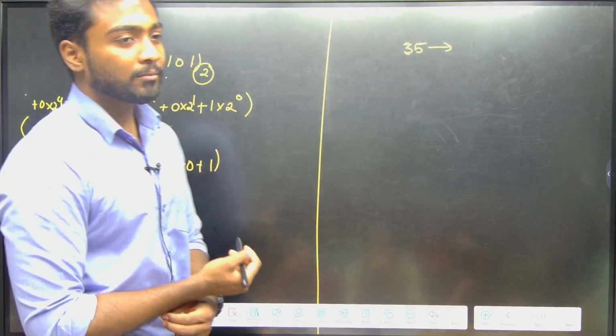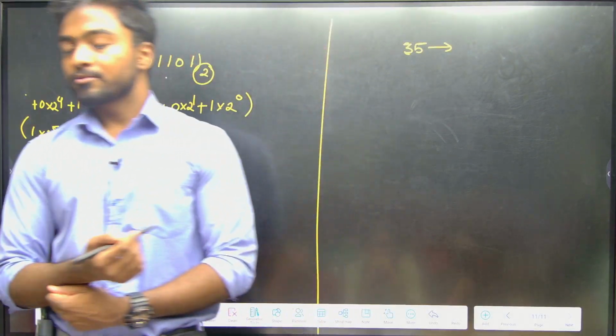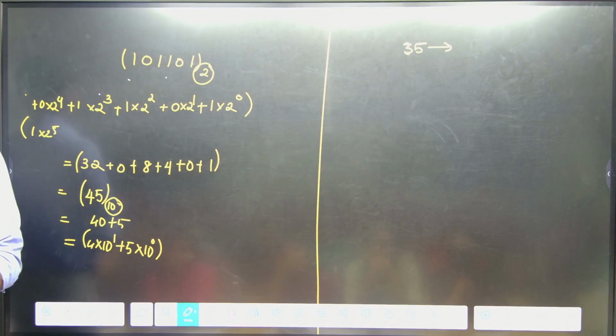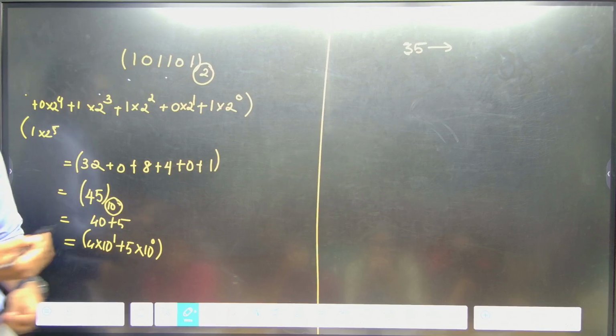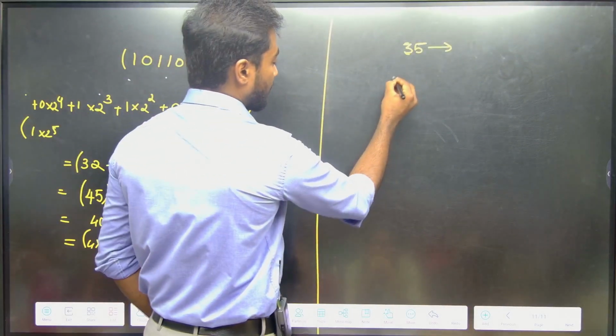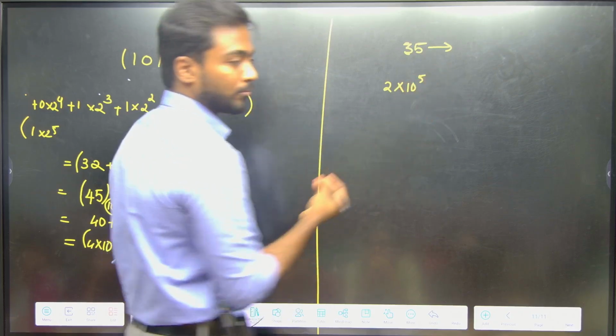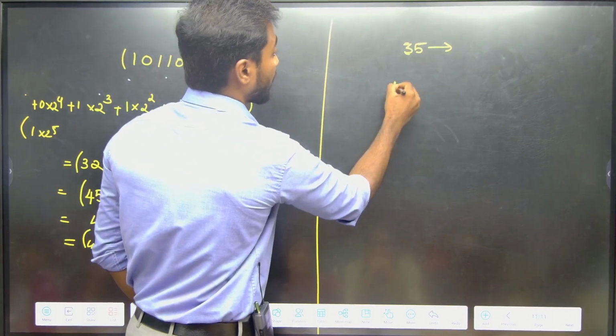The remaining is 3. So 3 can be written as the nearest 2 power 1, and the remaining is 1. Can I write like that? So it is 1 into 2 power 5.